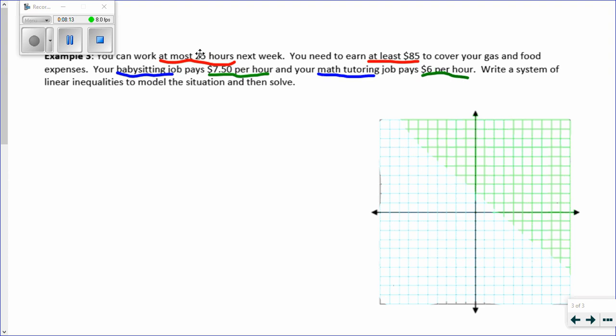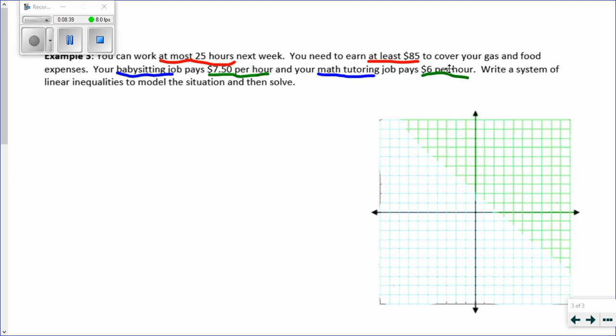Okay, so I know that I'm going to be at most 25 hours and at least $85. Okay, dollars. So those are my two totals, and I have the inequalities to go with it. Okay, the hours are going to be made up of babysitting and math tutoring. All right, while the money will be made up of the money you make at each job.